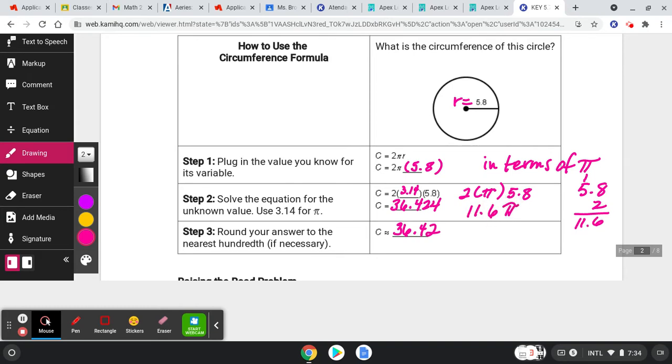And then the pi we can leave in terms of pi. So there are two possible answers here. We could say that it's approximately 36.42, or 11.6 pi would be an exact answer. And this answer over here is an approximate answer. So keep in mind that we're going to be doing answers in both ways, in terms of pi and an approximated answer.